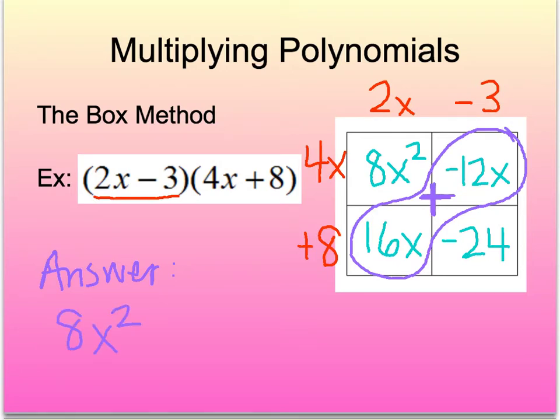We write our two terms that we're going to combine, which gives us positive 4x. And then our last term here, our constant, is negative 24. And so, because this is the same problem as we just worked on the previous slide, we do come up with the same answer, just a different way of getting that answer.